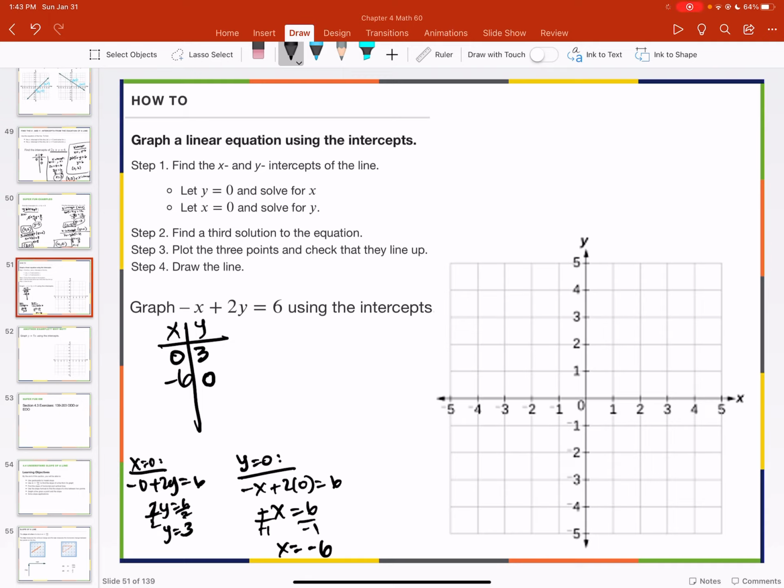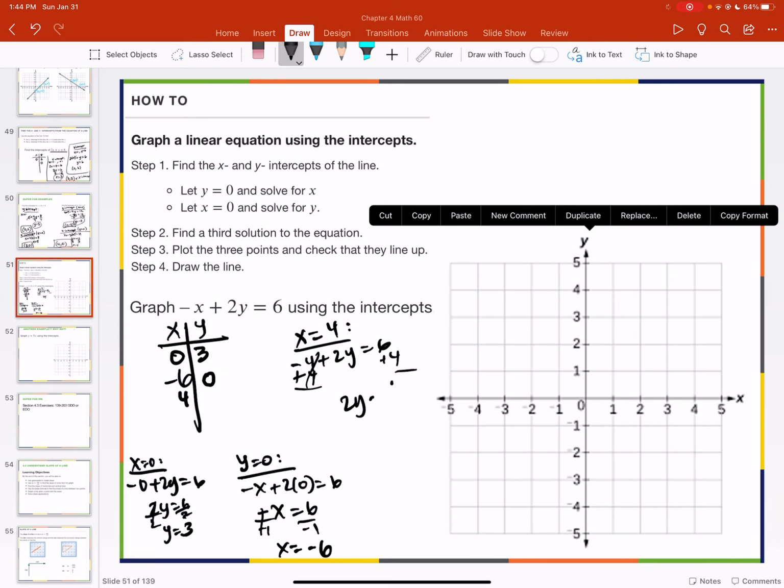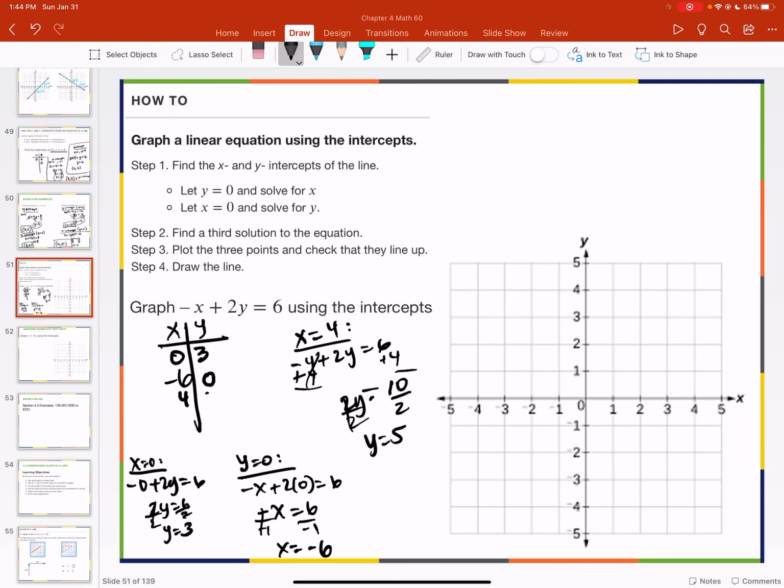If x equals 4, I just chose this arbitrarily. So it could be on the other side, right? If x equals 4, I get negative 4 plus 2 times y is equal to 6. Add 4 to both sides. You get 2y is equal to 10. And then solve for y, and that's 5. So your value of y is 5 when x is equal to 4. So you have another point, 4, 5.